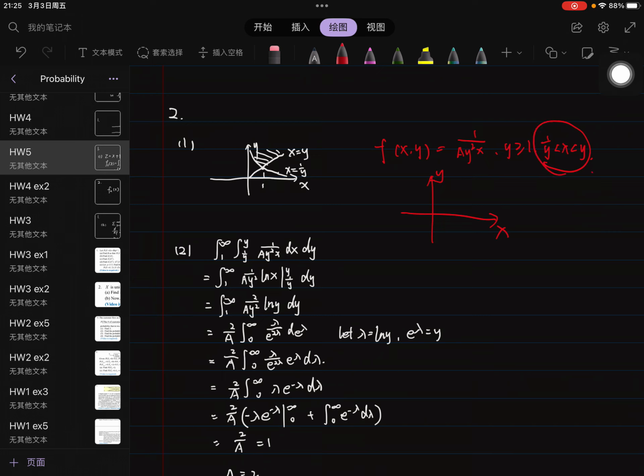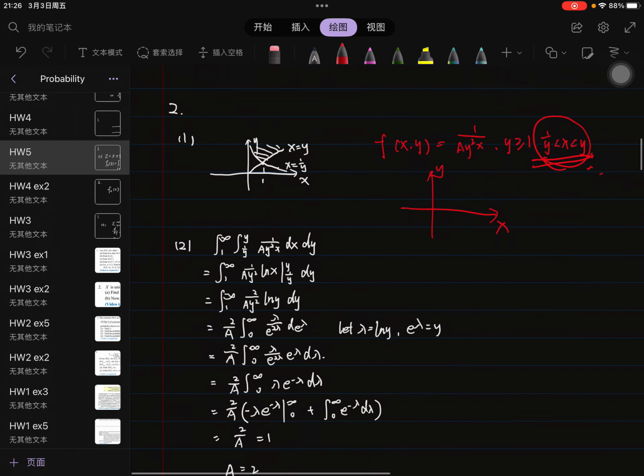We are given the region of x, so we can just draw this line here, which is x equals to 1 over y, and the other line is x equals to y.